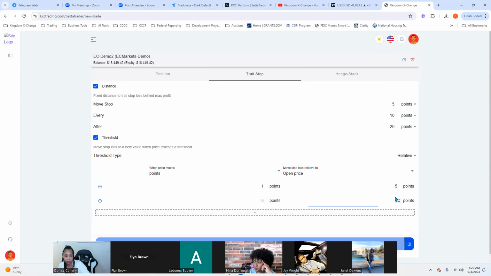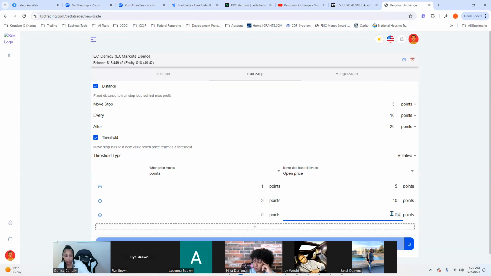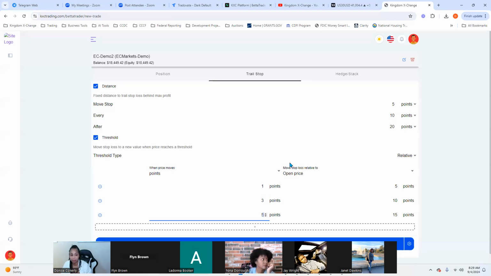And then when it moves 10 points in profit, I want you to move it up 3 points. And then when it moves 15 points in profit, move it up 5 points. And then when it gets to 20 points, it's going to do this, and it'll continue to do that every 10 points. So this is how you can get it to manage your trade from the beginning. So literally, when you put this trade in, you are able to leave it and forget it, period, point blank.